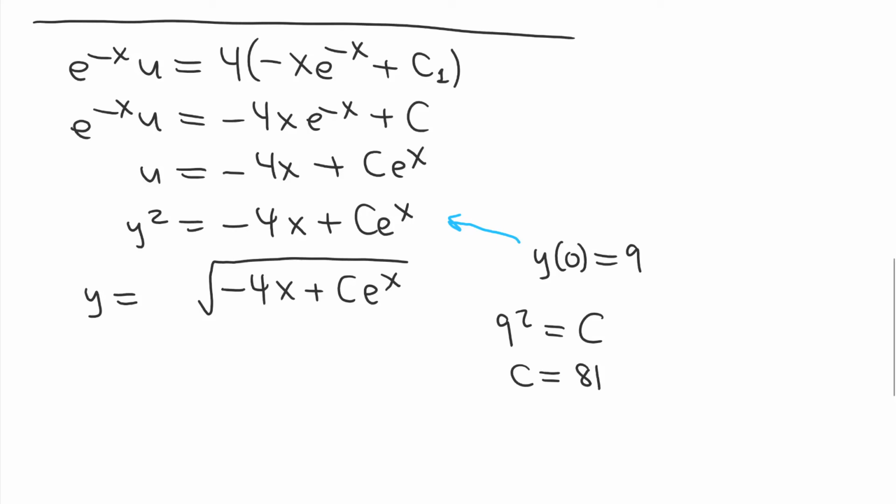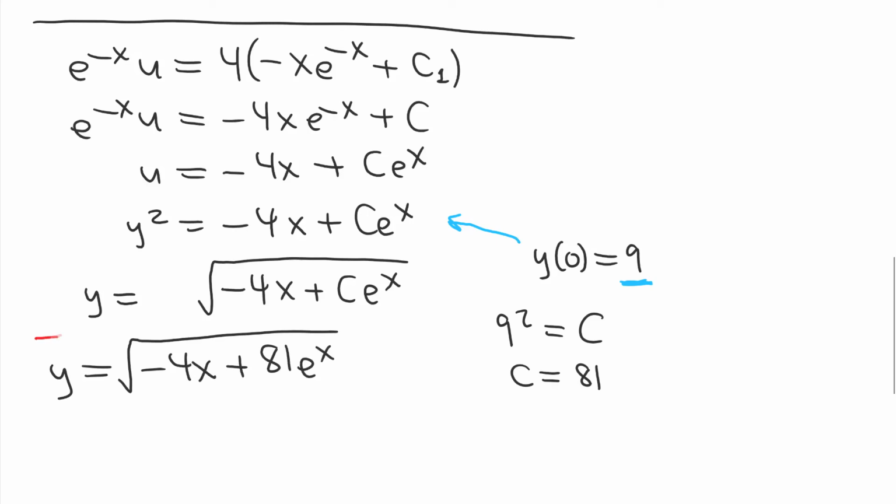And again, notice that when I plugged in 0, I got a positive y value. So this means that we're using the positive version of the square root. And so our particular solution is y equals the square root of negative 4x plus 81 e to the x. And this is our final answer for this initial value problem.